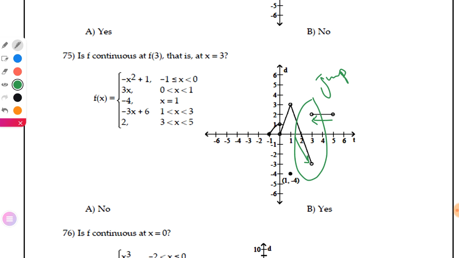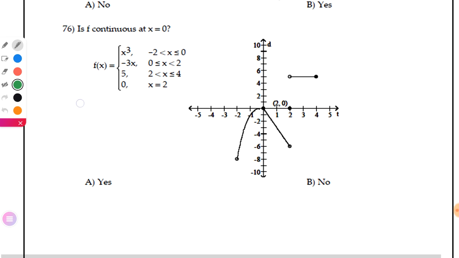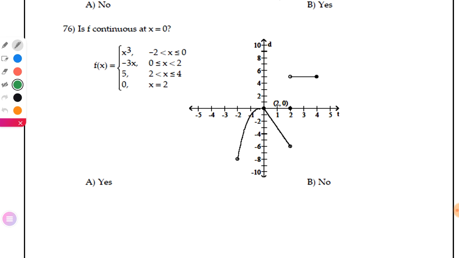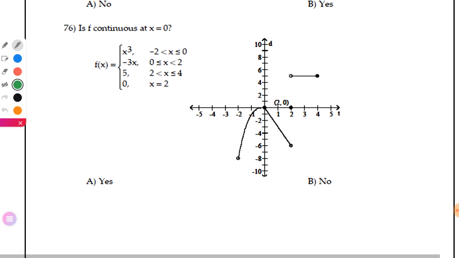So the function is discontinuous. No. Okay? Here for this one, is f continuous at 0? At 0, I don't have any interruption. I don't have a gap, I don't have a hole, I don't have anything. So we will write yes.